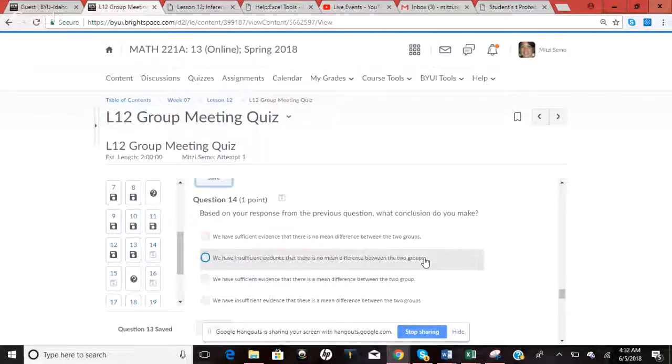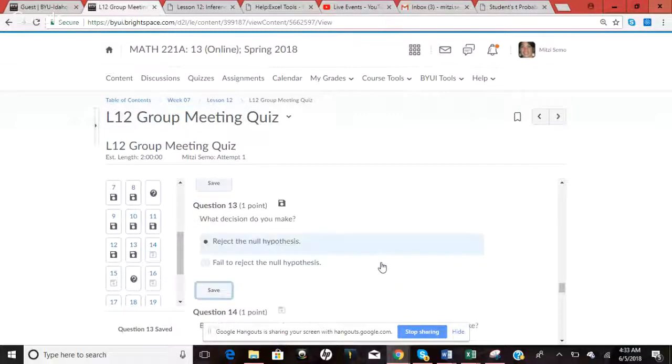Based on your response to the prerequisite, what conclusion would you make? We have insufficient evidence that there's no mean difference between the two groups, or there is.